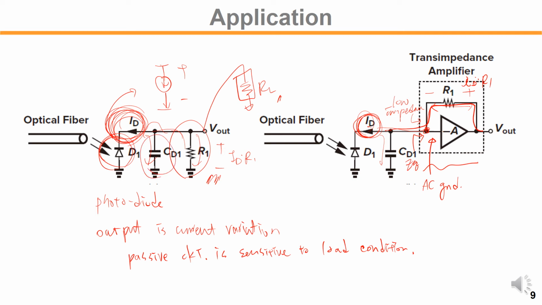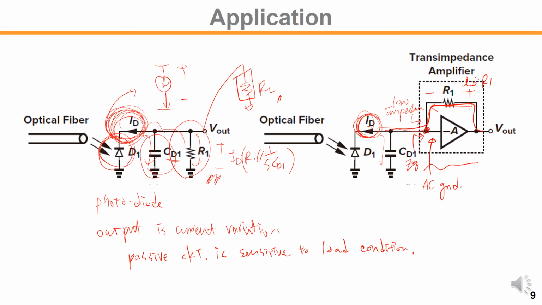But if you have a large CD1, a large capacitor there, the output voltage will be ID times what? R1 in parallel with 1 over SCD1. So if a large capacitor is there, the overall output voltage change will be very small because of the low impedance of the capacitor.